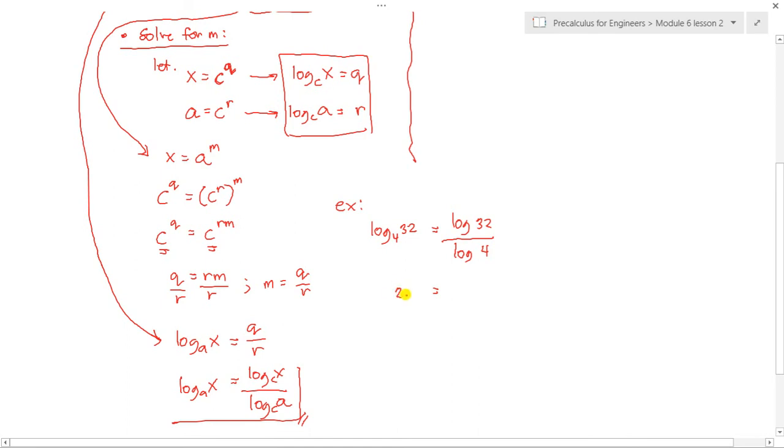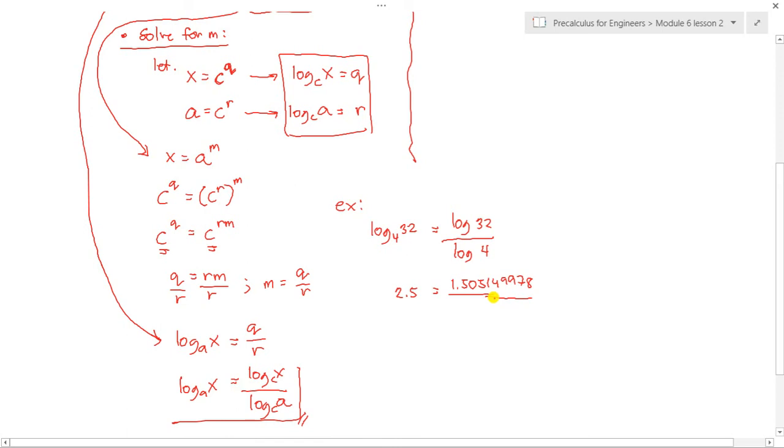This one is 2.5. Is it equal to log of 32 over log of 4 in base 10? So on your calculator, plug in log of 32. There is no written base, the base is 10. So log of 32 gives 1.505149978. How about log of 4?